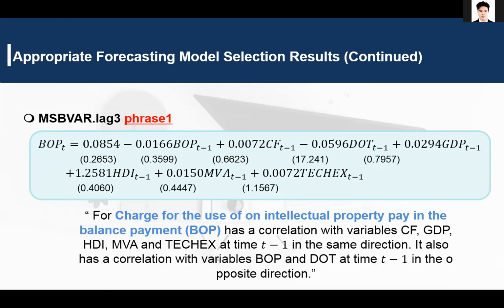For example, BOP, or charges for the use of intellectual property payment, has a positive relationship with capital formation, GDP, human development index, manufacturing value add, and technology absorption, while it has a negative impact on degree of trade openness.